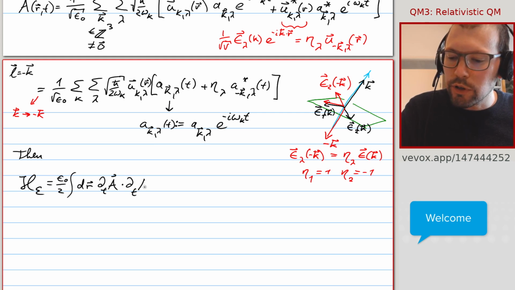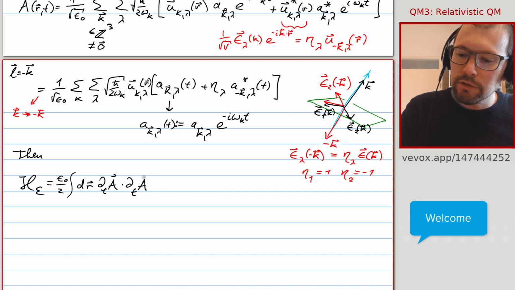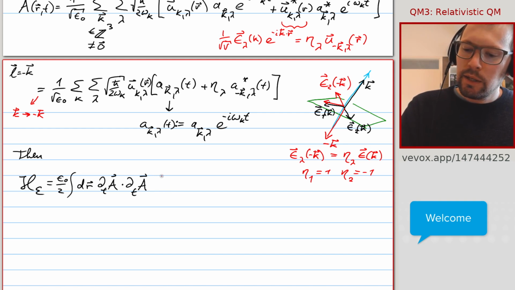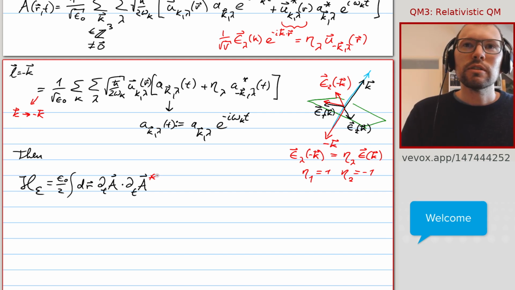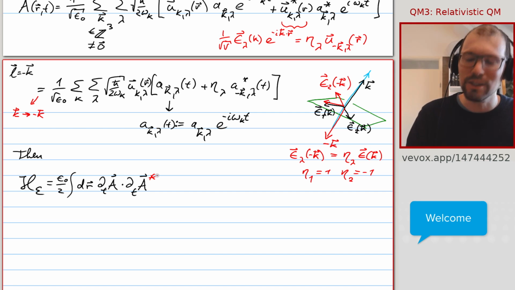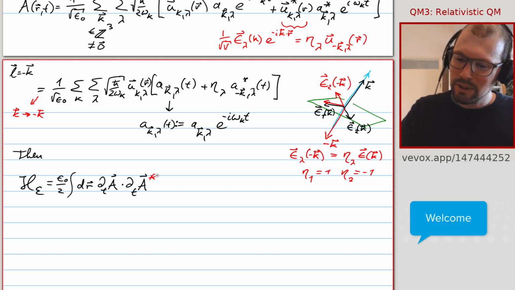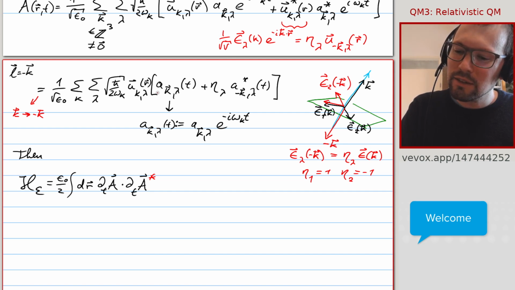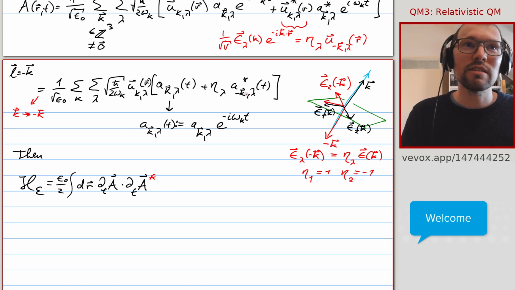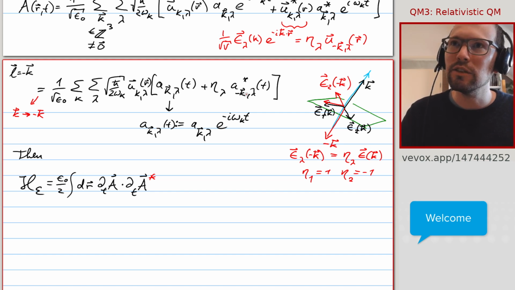We have to take the inner product of the vector potential with itself. What is convenient is to take the second one complex conjugate. Why? I'm allowed to do so because it's a real field, so the complex conjugate will be the same whether I do it or not. But since I'm then splitting into things that are not manifestly real, this will be easier to work out.